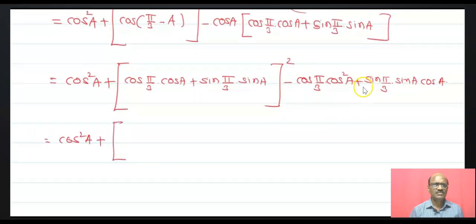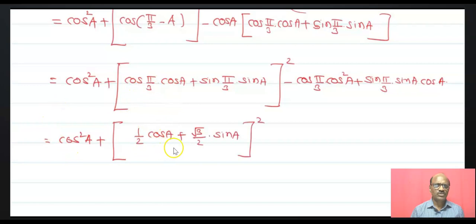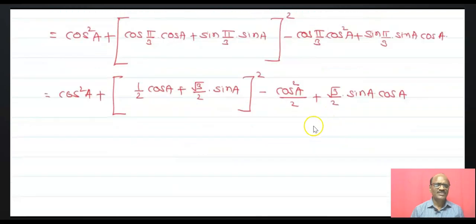I will change the minus sign here. That is the cos square A. The cos of pi by 3 is 1 upon 2 cos A plus sine of pi by 3 is root 3 by 2 into sine A, bracket square, minus, the cos of pi by 3 is again 1 upon 2 cos square A. Now again I have not changed the minus sign here. Now we'll see up to what it will come. That is the cos square A.